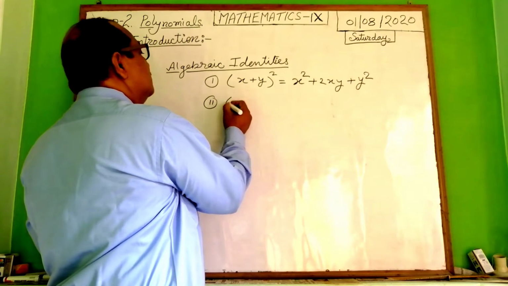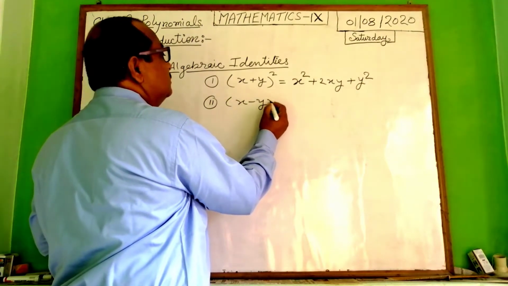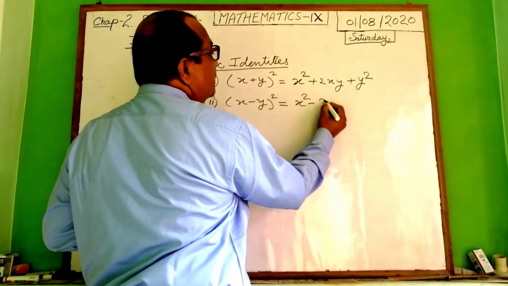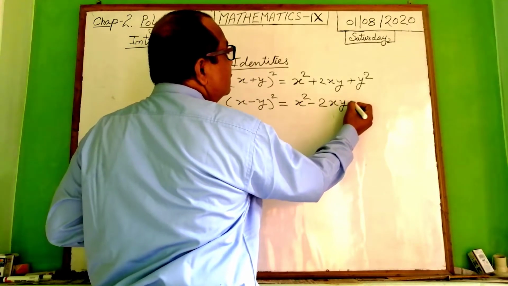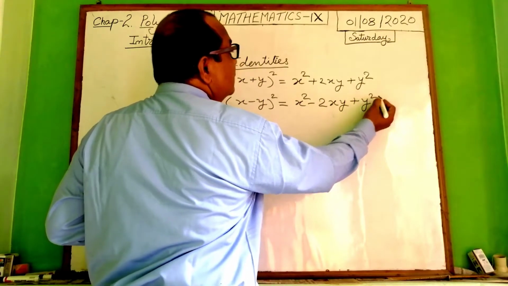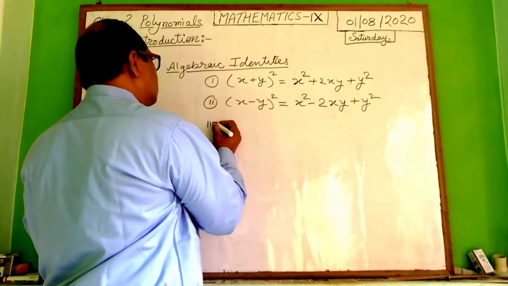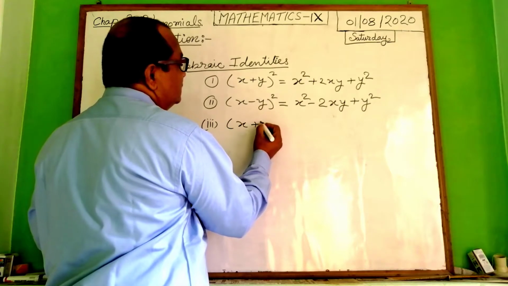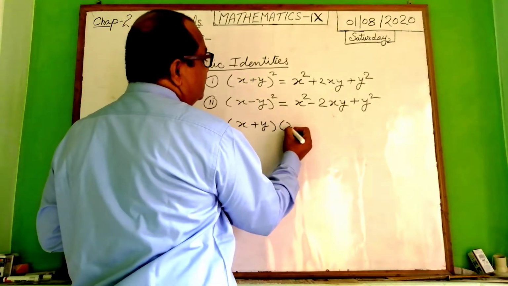Second one, (x minus y) whole square can be written as x square minus 2xy plus y square. And the third one, you are all familiar with these 3 basic identities.